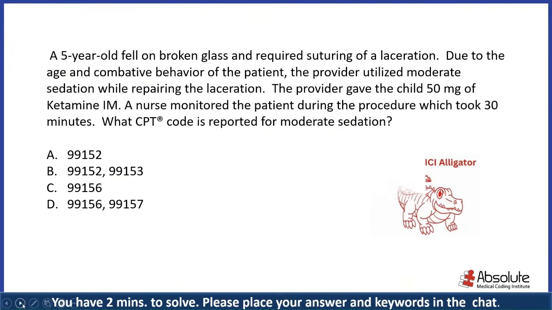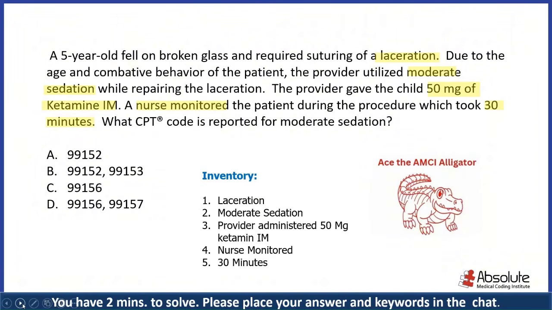Okay, great coding, coders. Let us quickly go through this scenario. We have a 5-year-old patient. There was a laceration, moderate conscious sedation was given to the patient, and 50 milligrams of ketamine intramuscular was administered. The nurse monitored the patient, and it was given for 30 minutes.